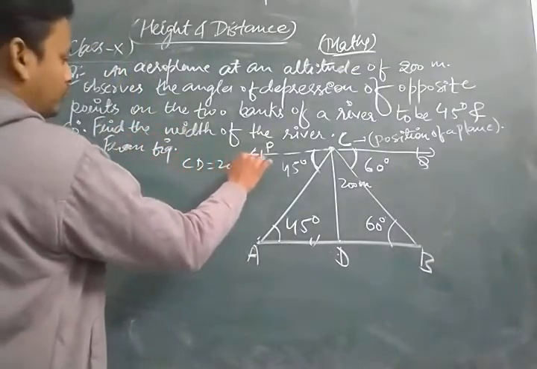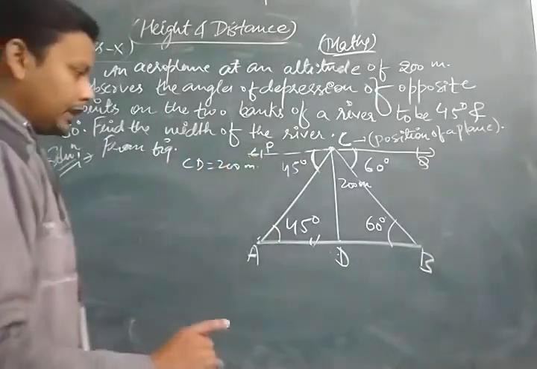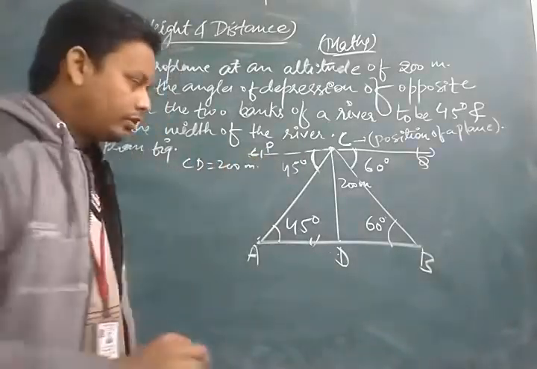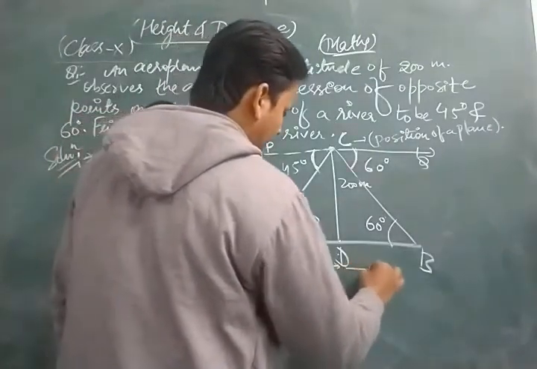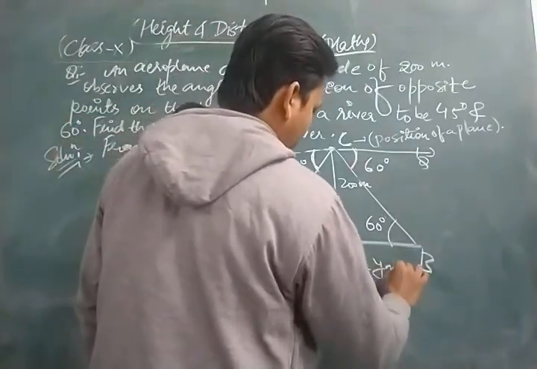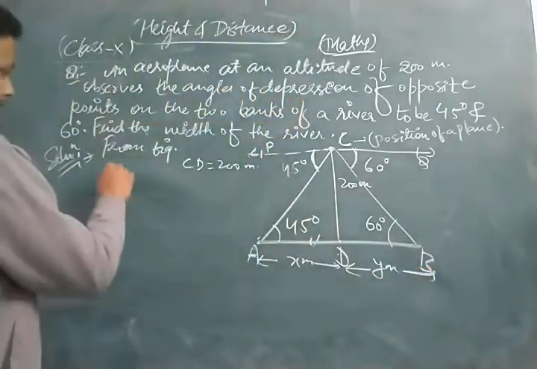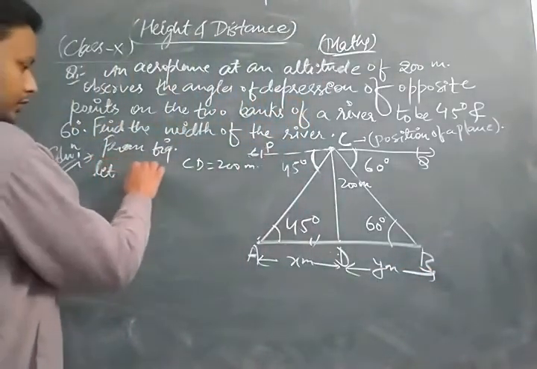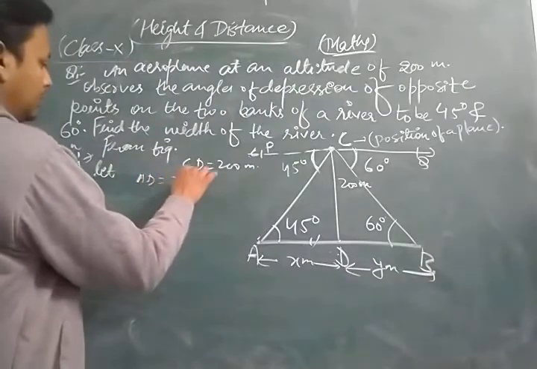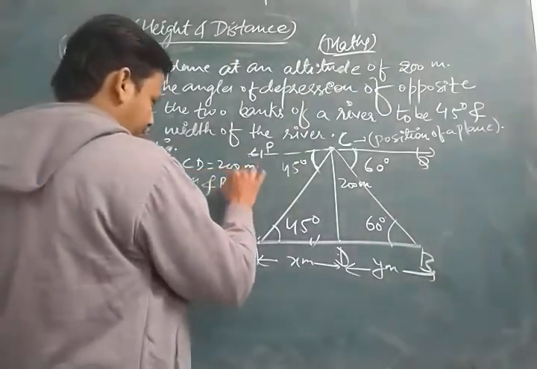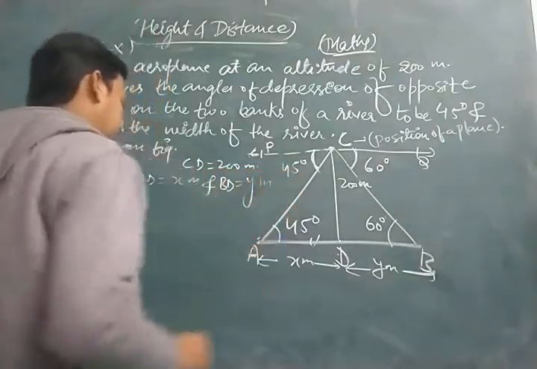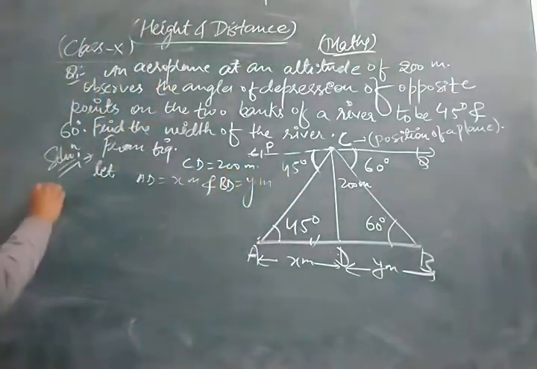So from the figure, dear friends, CD is equal to 200 meters and AB is the width of the river. First of all, we take AD as x meters and BD as y meters.